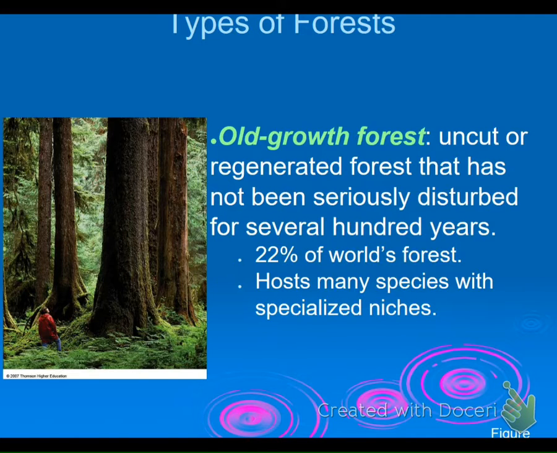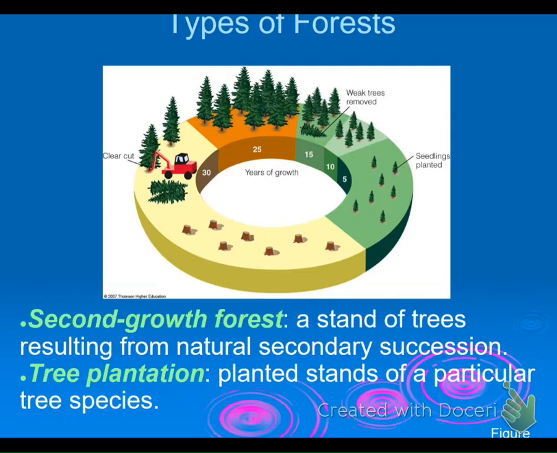The next type is second growth, where you go in and you clear cut. One of the ways that you cut down trees is you go in and you level it. That's called clear cut. It's very disturbing. Like I said, I was up in Washington State one time, driving on the road west of Seattle. It's unbelievable.